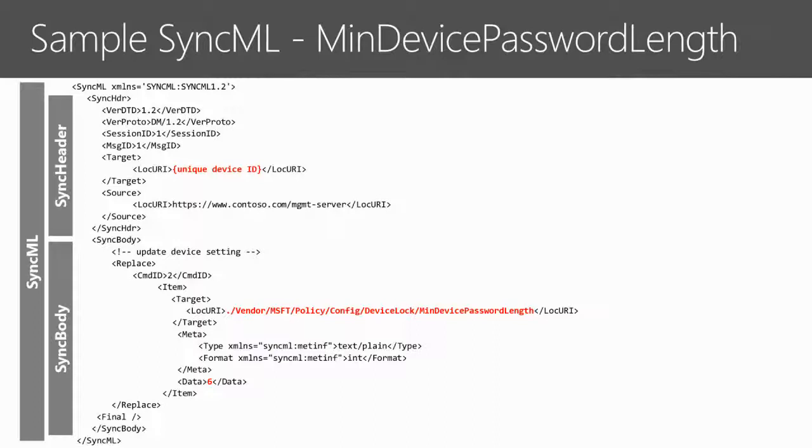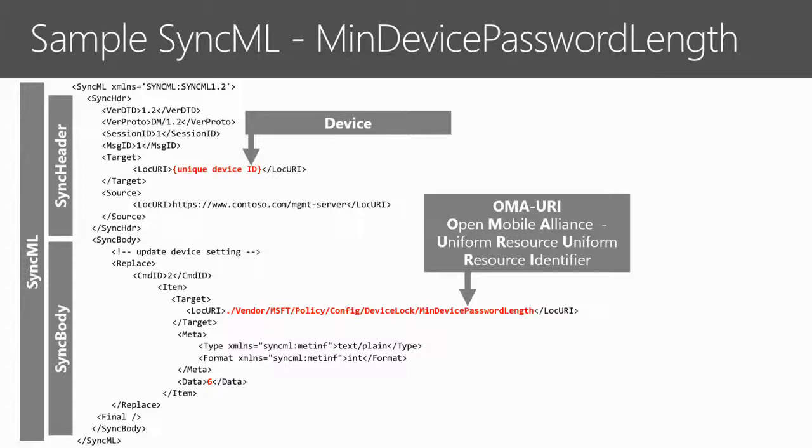So in the background, if we set the minimum password length to 6, of course the MDM will see to which devices this policy is targeted, then this SyncML is sent to those devices. And you will see the device unique ID on top. I'll just highlight the ones in red, which are important to understand.